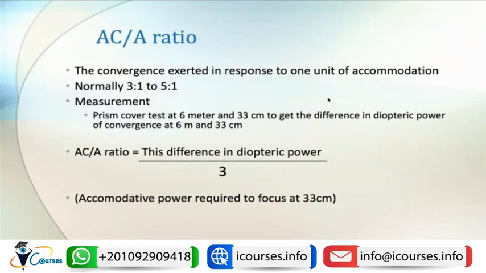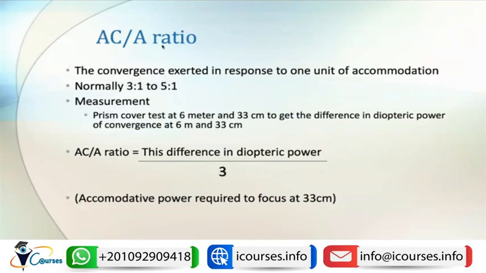Finally, we have a relation that links accommodation to convergence, which is called the accommodative convergence over accommodation ratio, the ACA ratio. For every unit of accommodation, there is a certain amount of convergence that we normally exert.